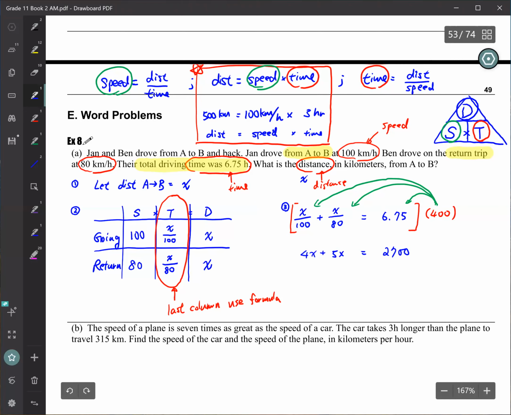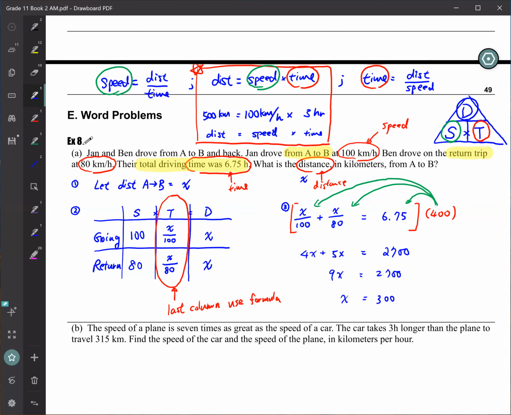Okay, so add them together, 9x equal to 2700. This turns out to be a nice number, right? Divide by 9 will be what? 300. So what does that 300 mean, Yosher? That means that the distance is 300.